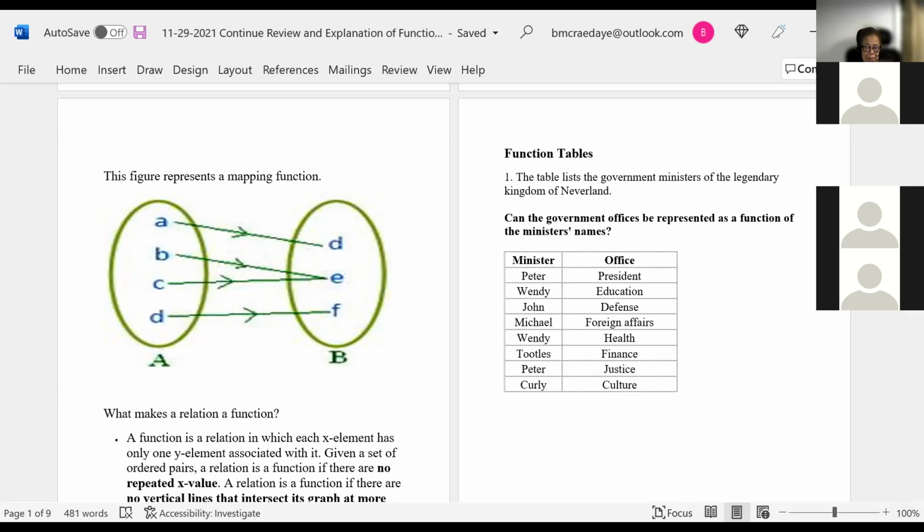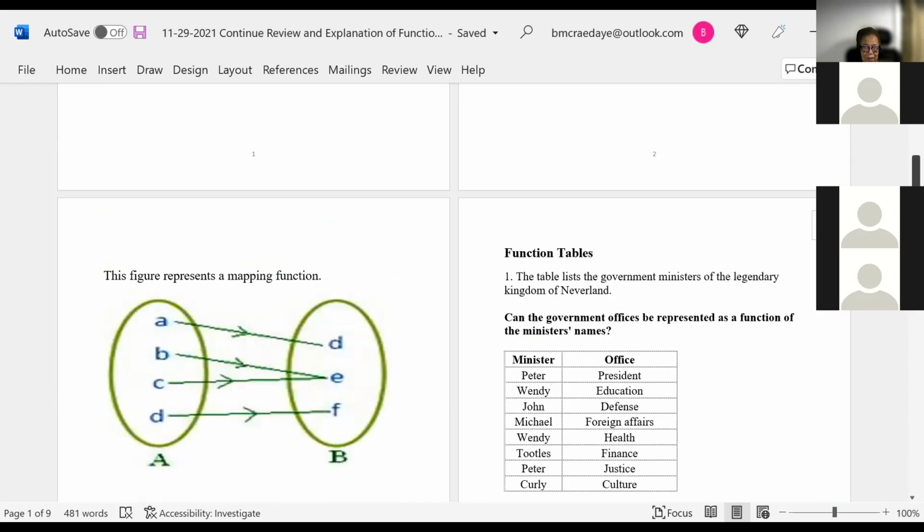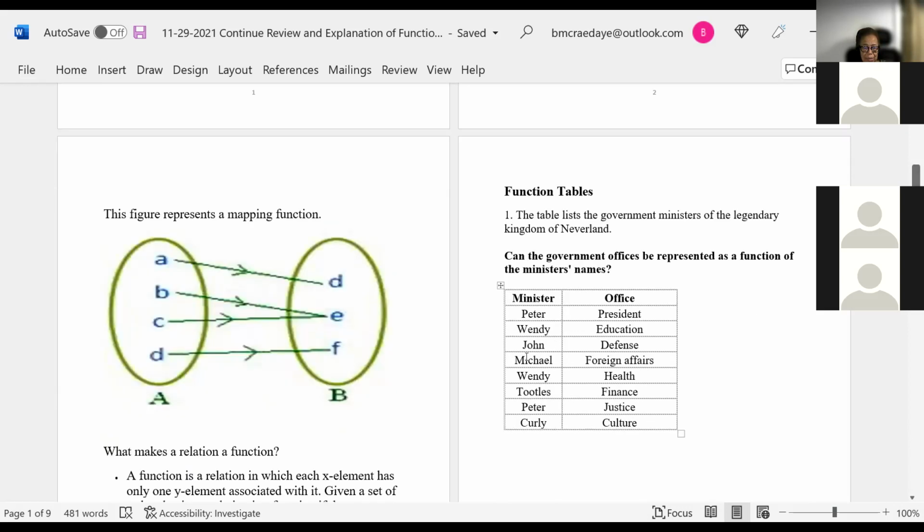Now we're looking at tables. Tables really work just like maps. Now, you see this function table here, right? You see ministers and their office. This table lists the government ministers of the legendary Kingdom of Neverland.